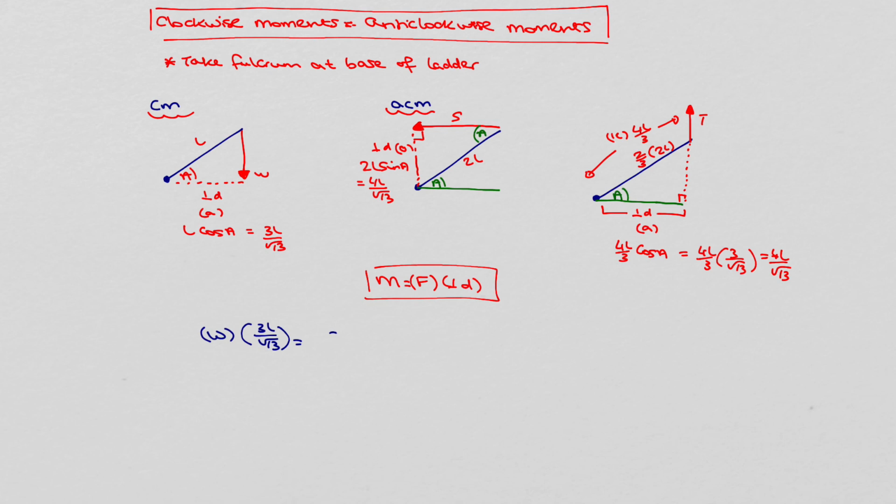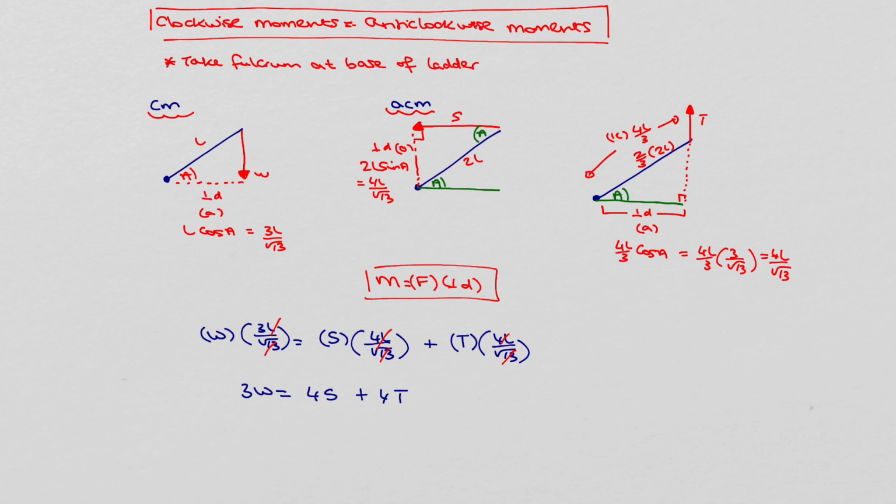So again, our force is S times the perpendicular distance, which is 4L over root 13, plus our tension in the string by the perpendicular distance, which is 4L over root 13. So I'm going to multiply across there by root 13, divide across by L. So that simplifies to 3W is equal to 4S plus 4T.